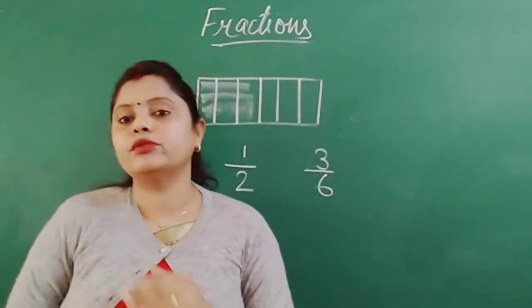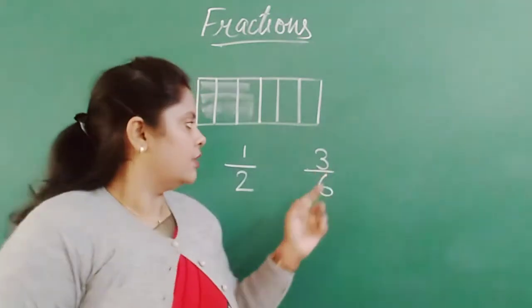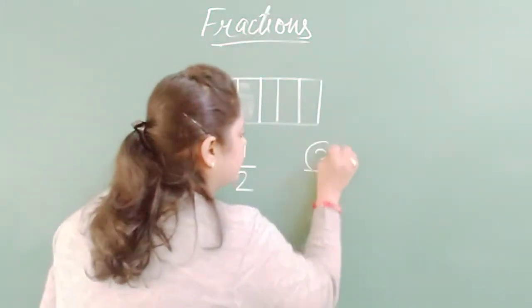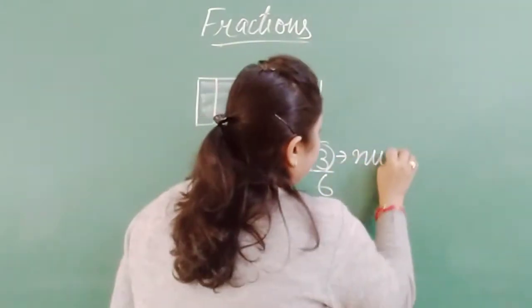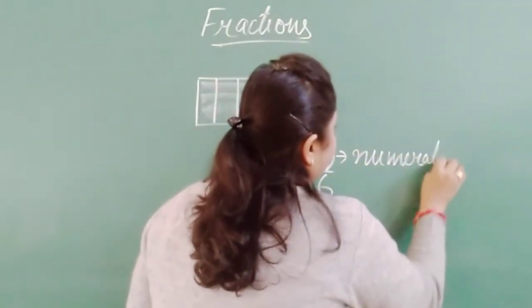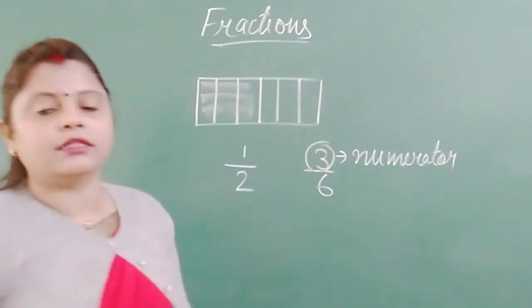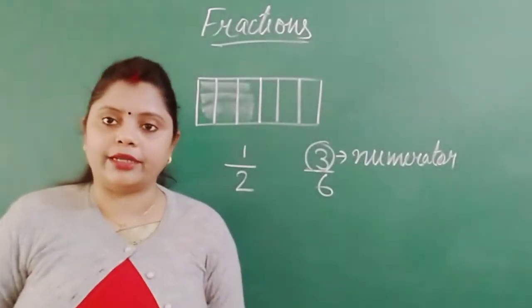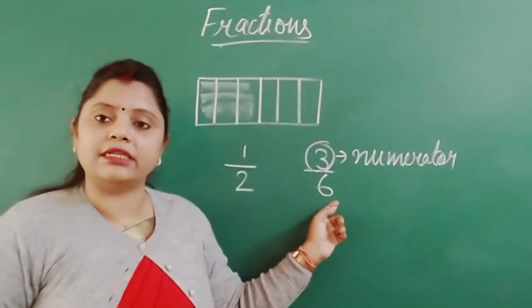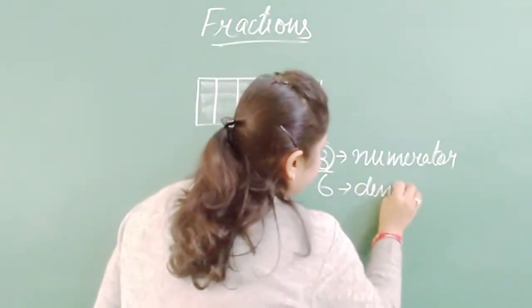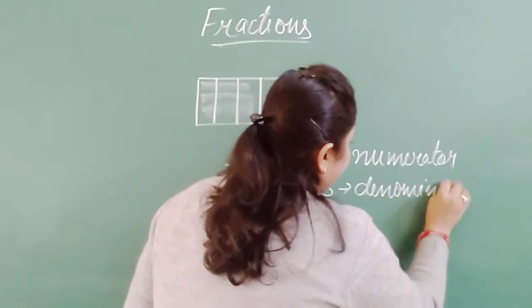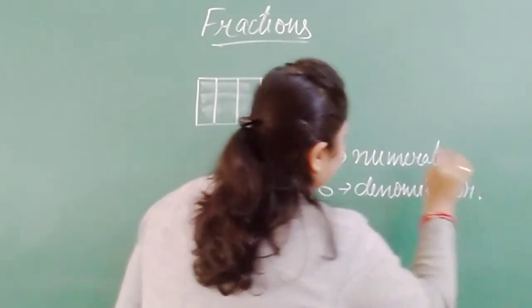Now we also have to understand the terms here. The number which is written at the top is known as the numerator. Okay, this one is known as the numerator. And the number which is written at the bottom is known as the denominator.